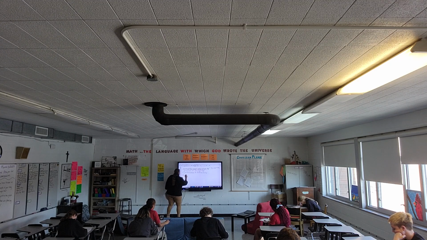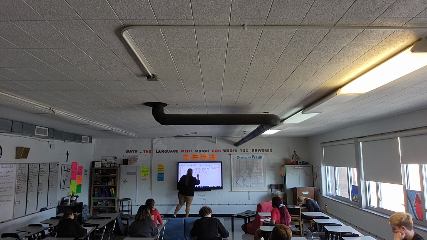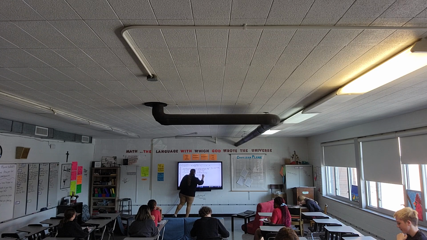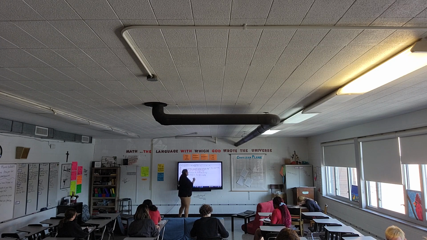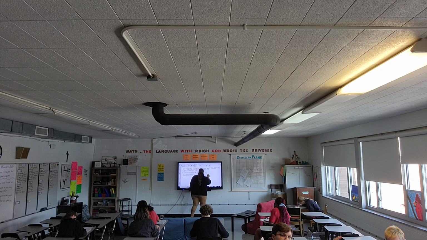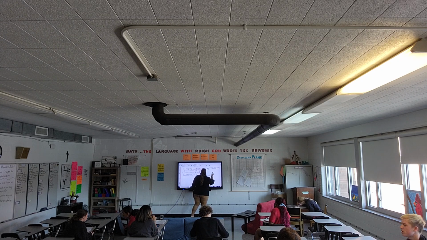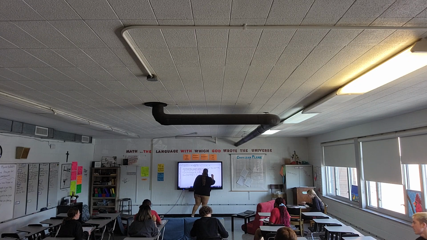So sine of 30 plus 45 equals sine of 30, cosine of 45, plus, sine stays the same, cosine of 30 this time, since we're switching u and v, sine of 45.